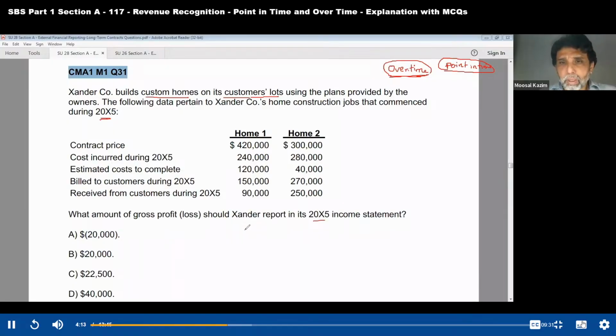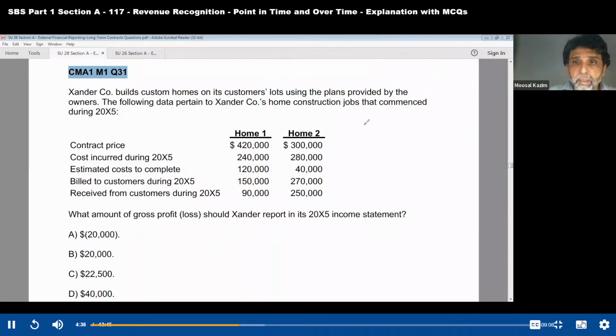That is, how much cost has been incurred up to date divided by the total cost would give us the percentage of completion. So for home 1, it would be 420 divided by, I'm sorry, it's not 420, the contract price.